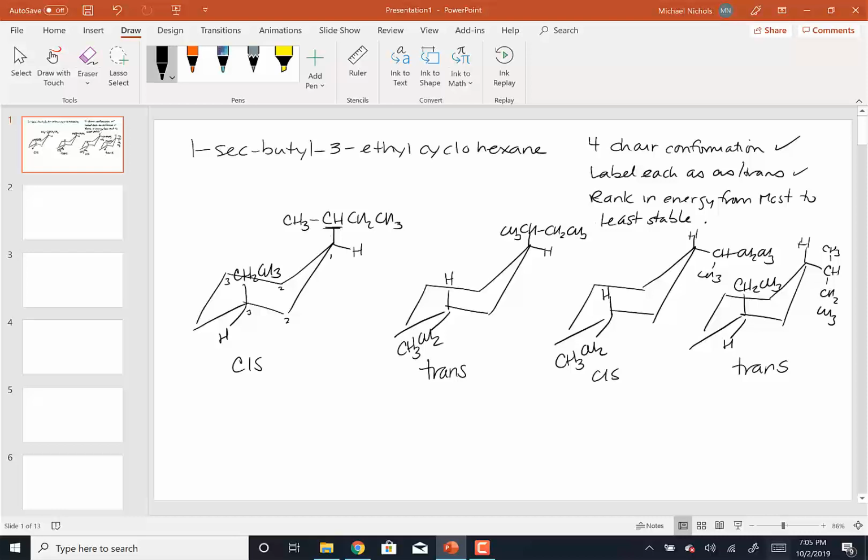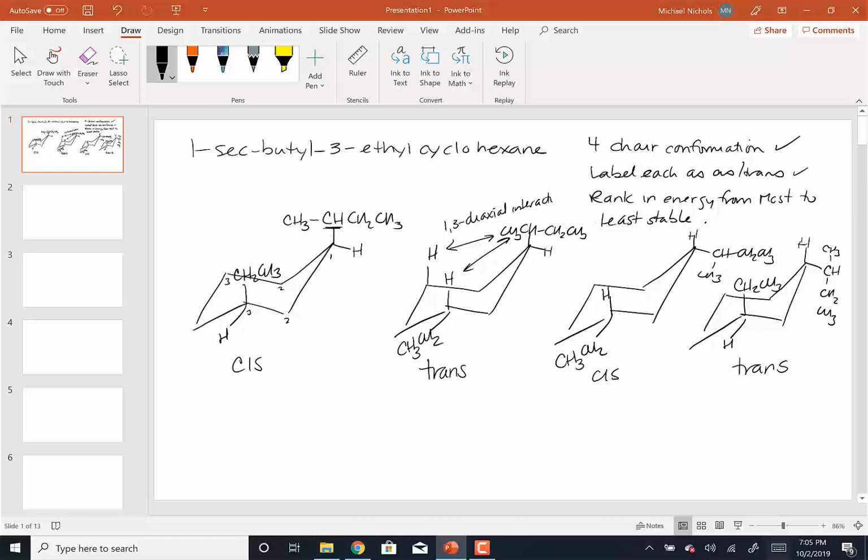So the destabilizing interactions in cyclohexanes are when a non-hydrogen group is axial, because it then has these 1,3 diaxial interactions.